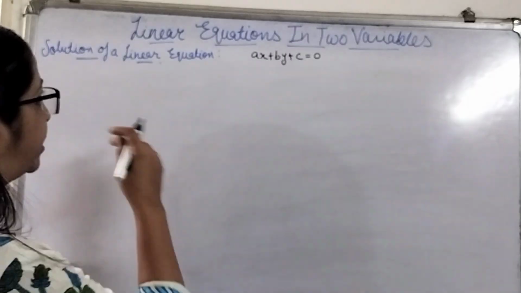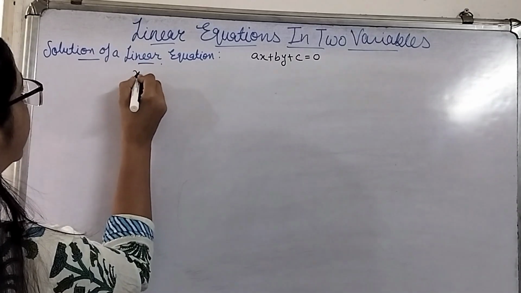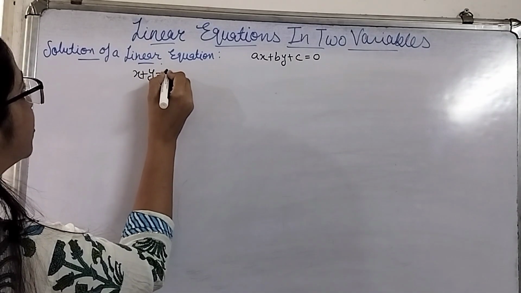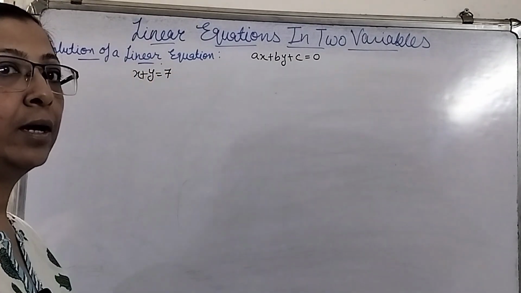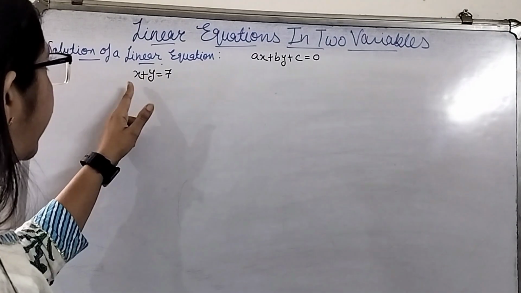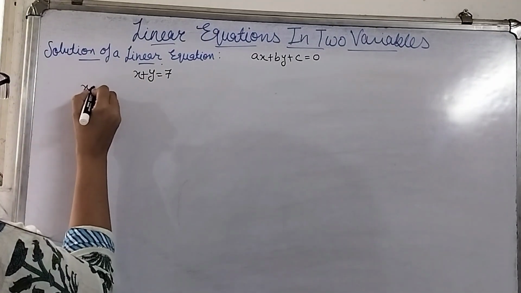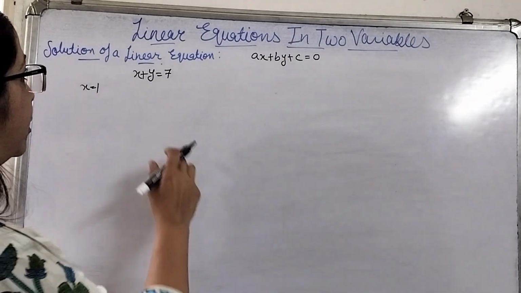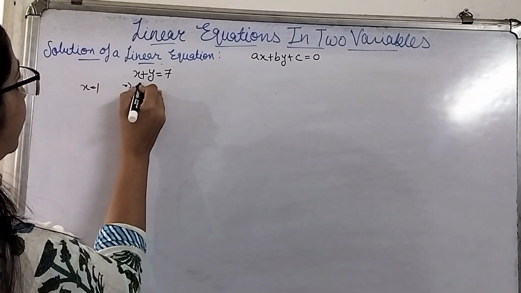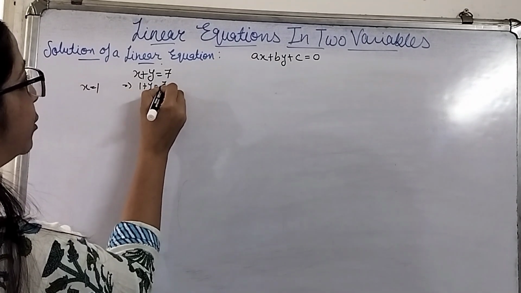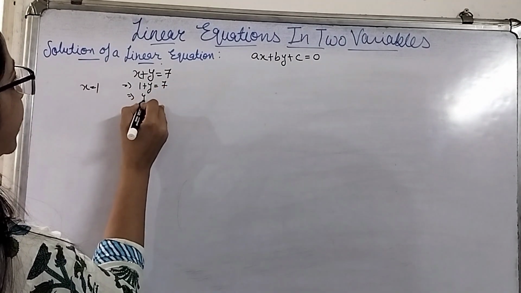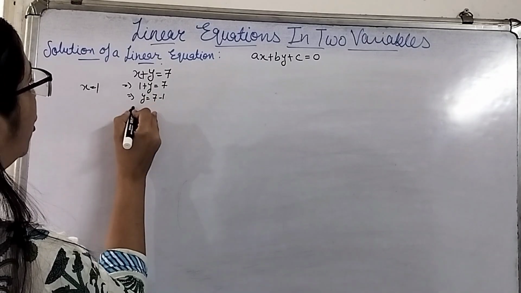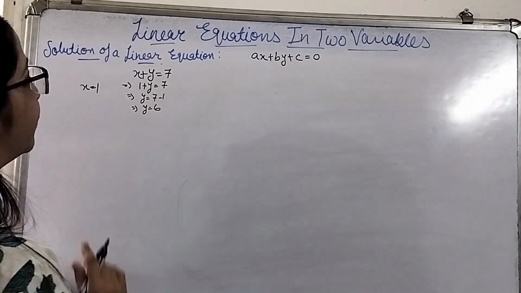Now suppose I take an example. Let's understand it with the example. I am saying x plus y is equivalent to 7. Now, if I keep x equivalent to 1, what will the equation become? 1 plus y is equivalent to 7, and y is equivalent to 7 minus 1, or we can say the value of y will be 6.